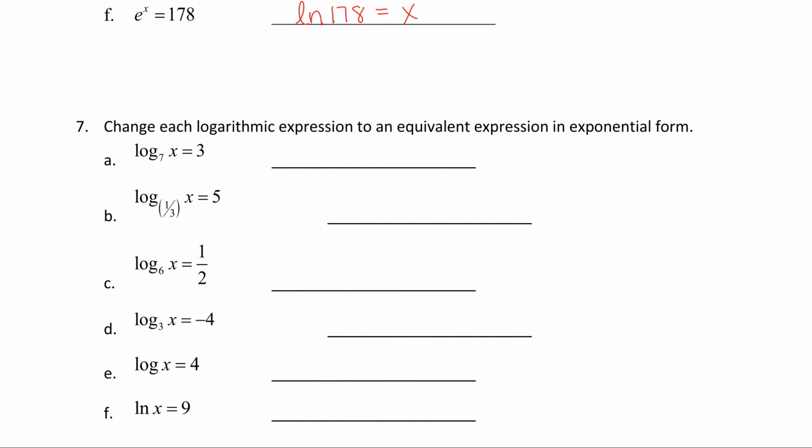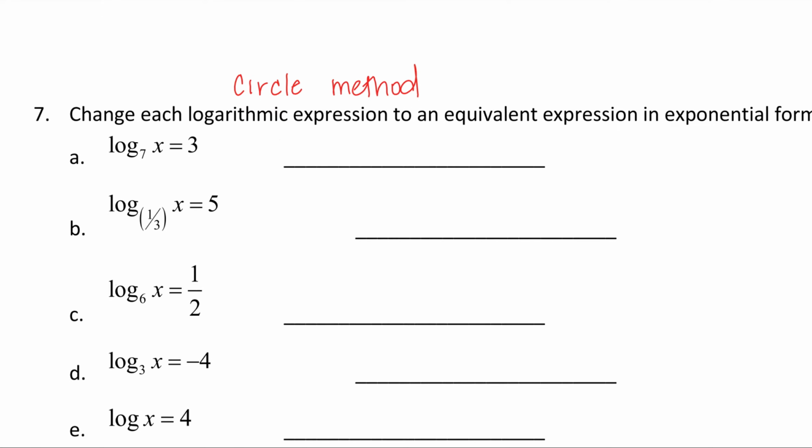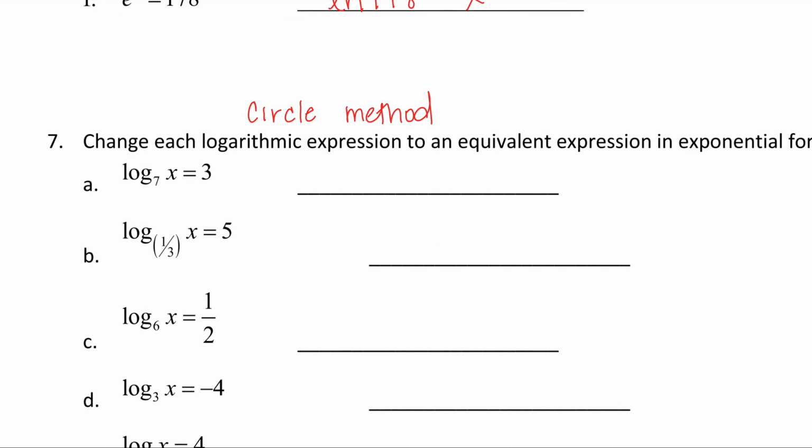Okay, now we're going to talk about changing the logarithm back to the exponential form. And I like to use what has been dubbed by my students in the past the circle method. I don't know if anybody else calls it that. It's just a little way to help you remember exactly how to put it back as an exponential. So I'll show you how it works.